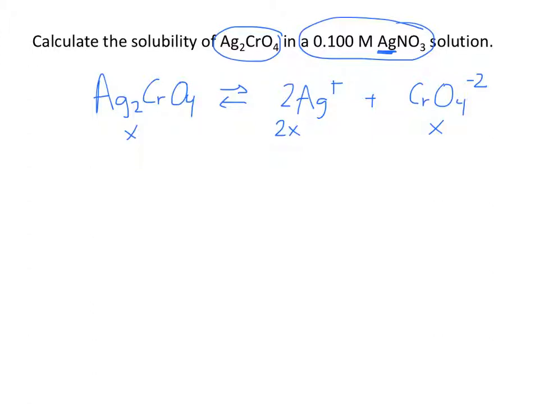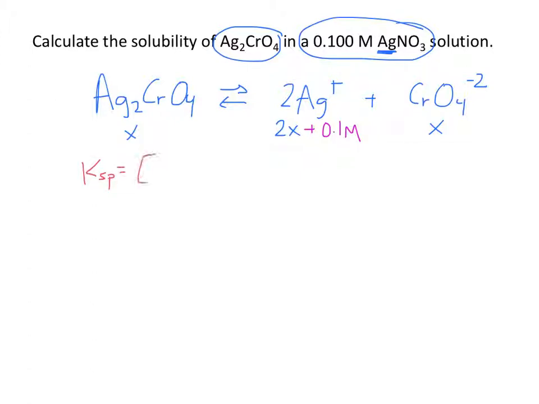So that 2x that comes from the silver chromate is not the only silver in the solution. There's also 0.1 molar silver in the solution from the silver nitrate. So that's the ion that the solution has in common. Now the math looks exactly the same.